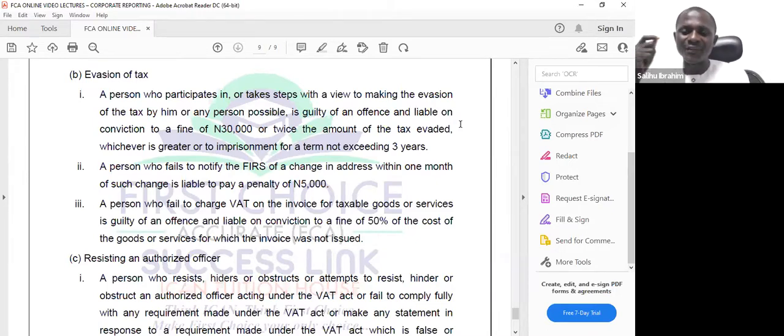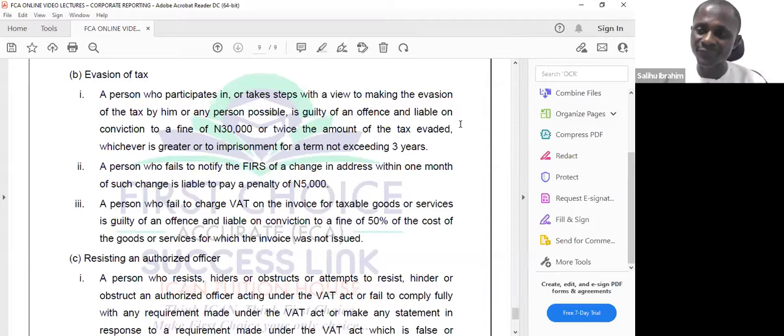Another amendment in Finance Act 2019 is the review of the fine. Before the Finance Act, if you fail to remit VAT, you are liable to pay 5,000 naira every month for which the failure to remit occurs. But the Finance Act amended that law.